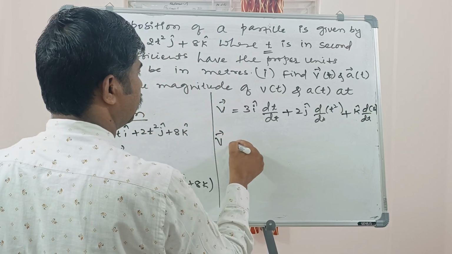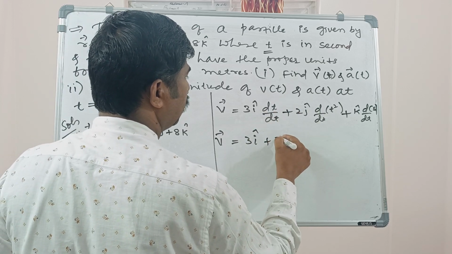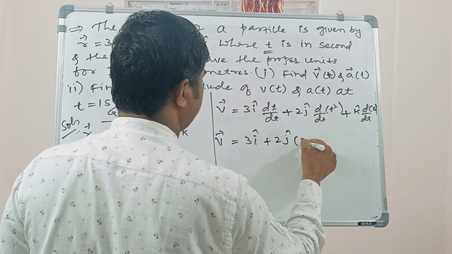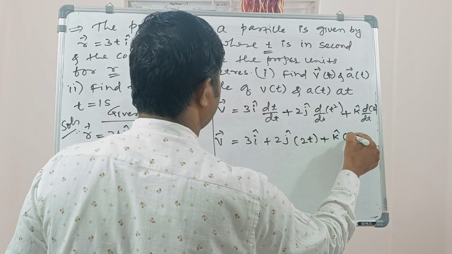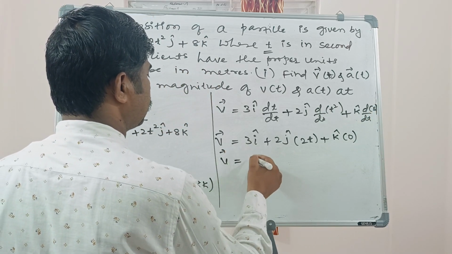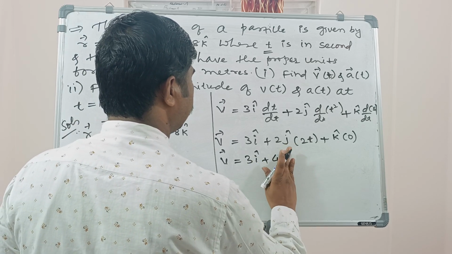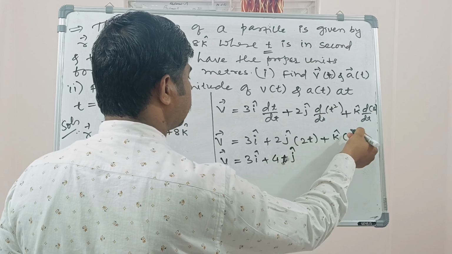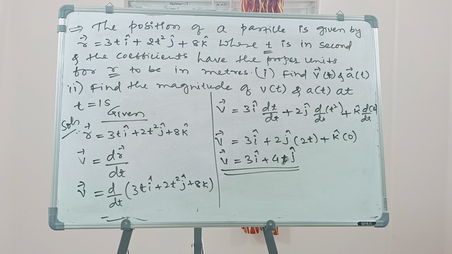I will write directly: 3 i cap, differentiation of dt by dt is 1, plus 2 j cap, differentiation of t square is 2t, I have explained how it is, plus differentiation of the constant term is 0, differentiation of 8 is 0. Then we can write vector v is equal to 3 i cap plus 4t j cap, and this is 0. So this is the velocity of the body. That is, vector v is equal to 3 i cap plus 4t j cap.